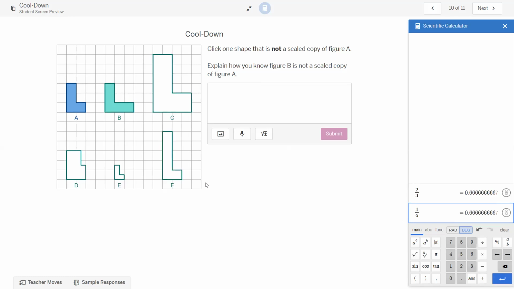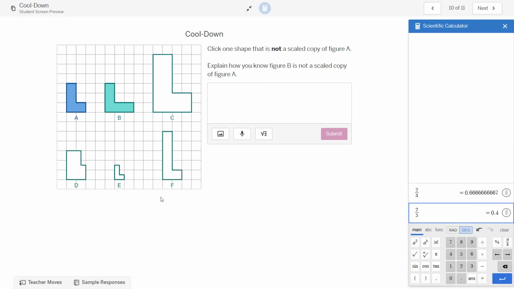That one won't count. What about F? That's going to be 1, 2, 3, 4, 5. That's 2. So 2 divided by 5. Whoops, something messed up. Hold on. 2 divided by 5. It's 0.4, so it doesn't work. So this one's not a scale copy either.